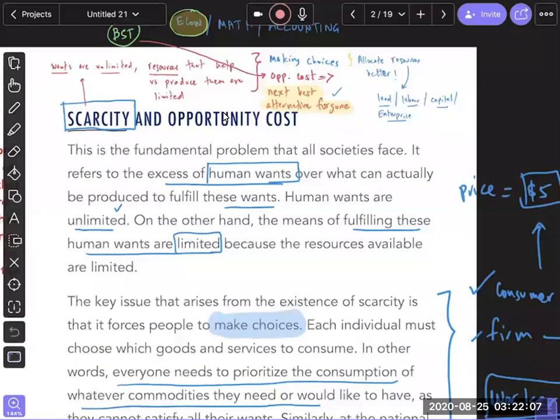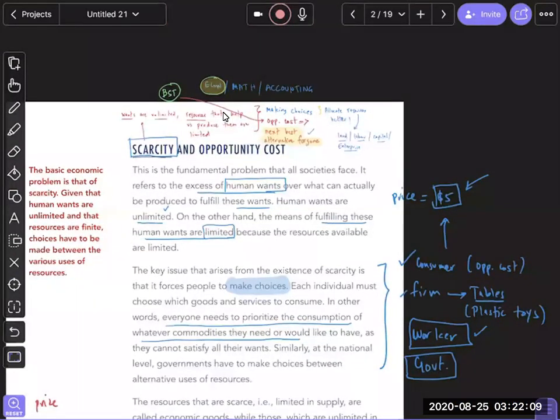We also discussed a concept of economic versus free good. We said economic goods are those goods which have opportunity cost attached to them, and the reason is simple, because these goods are scarce to begin with. On the other hand, you have free goods, which are unlimited in supply, for example, seawater, oxygen that we breathe, and so on.